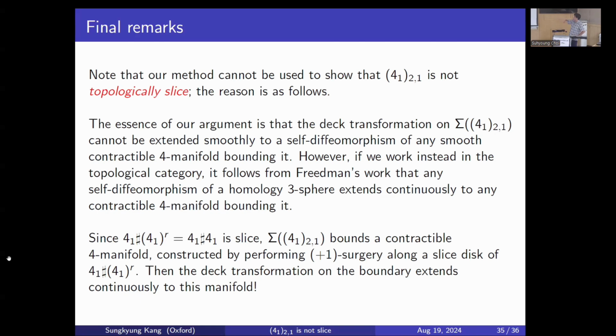And it's actually also a very important question whether this is topologically slice. It remains open.